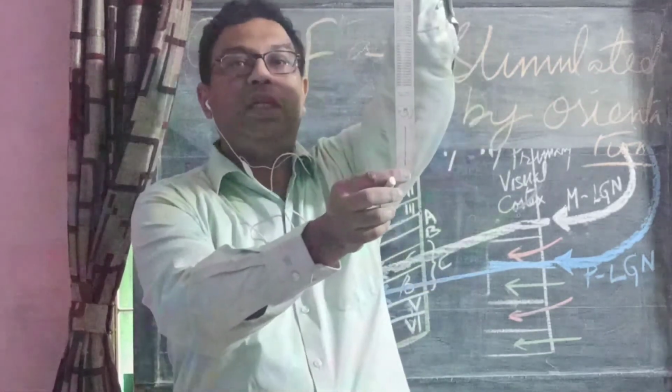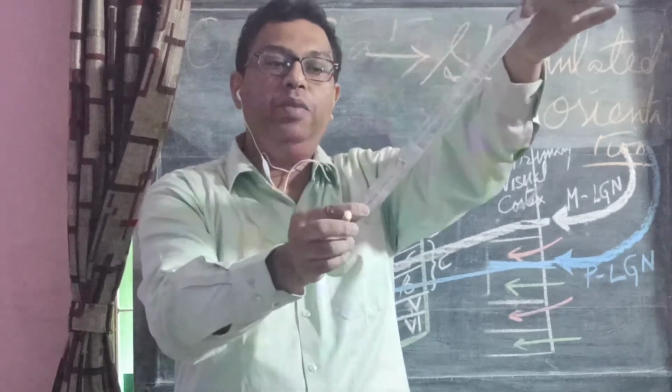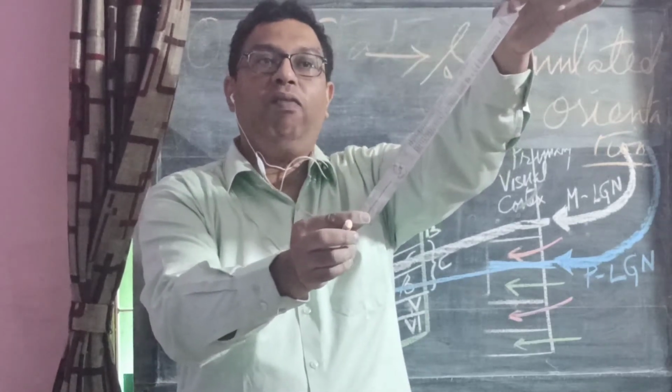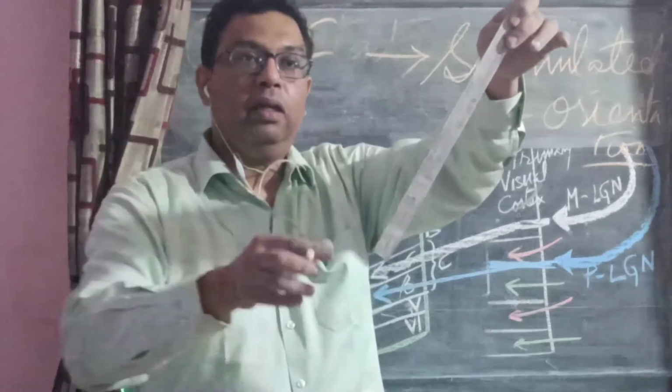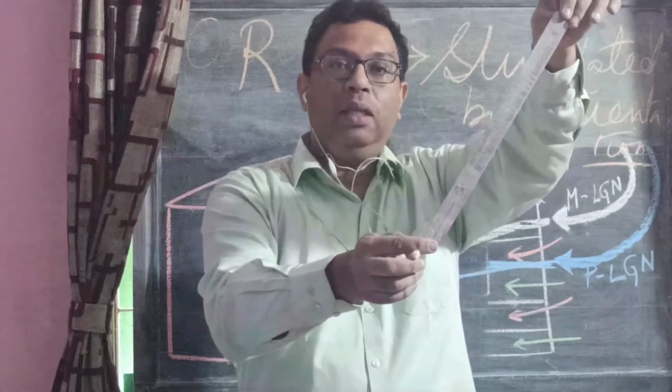Suppose the orientation of light is like this. Some cells will be stimulated. Some cells will only be stimulated by the orientation of light coming from the receptors through the ganglion cells and the lateral geniculate body like this.